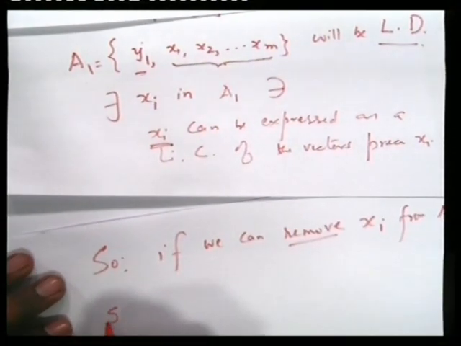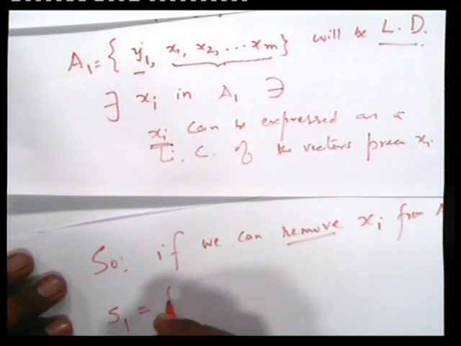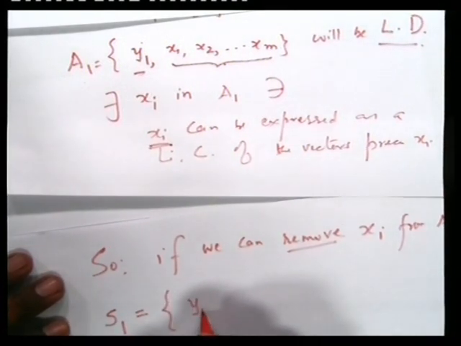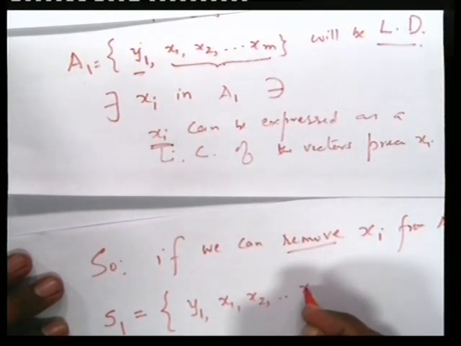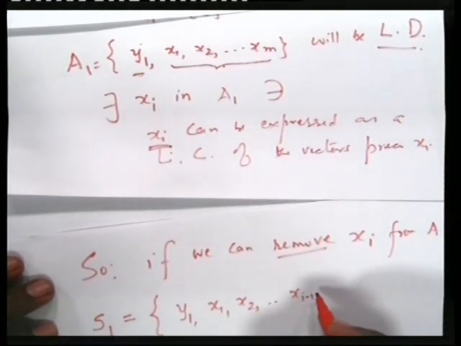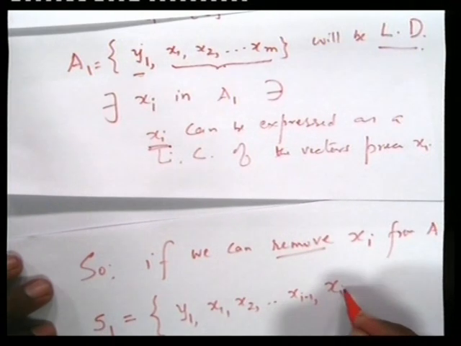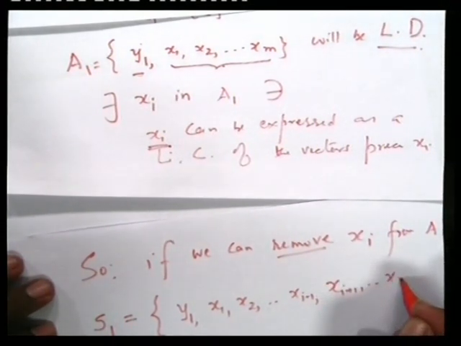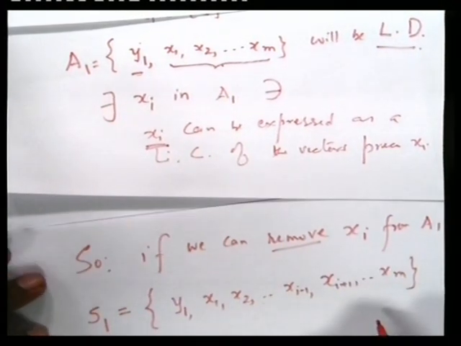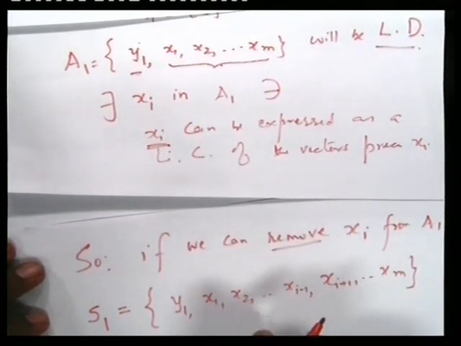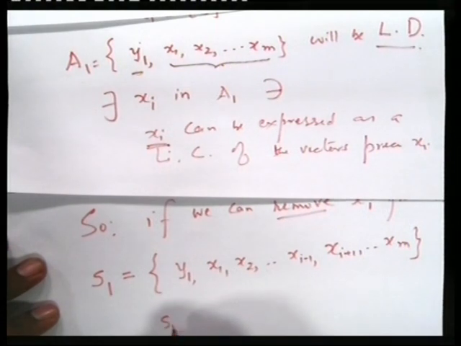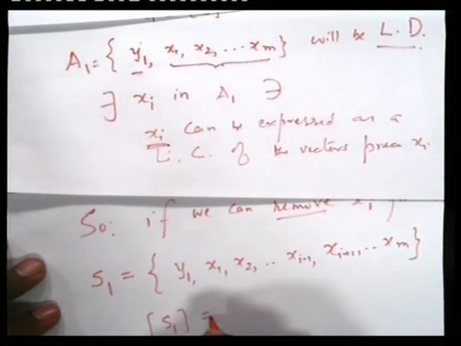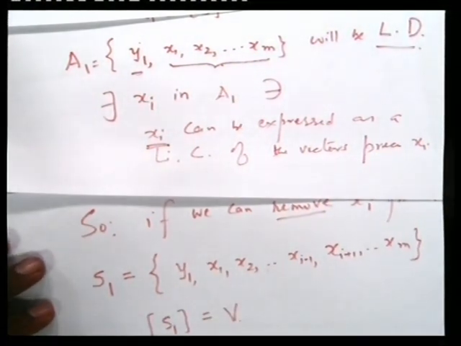If we define this set as S1, then S1 is equal to y1, x1, x2, up to xi minus 1, xi we have removed, so xi plus 1 up to xm. This set will have exactly m elements, and now this will be a linearly independent set. So we can say that the span of S1 will be equal to V.